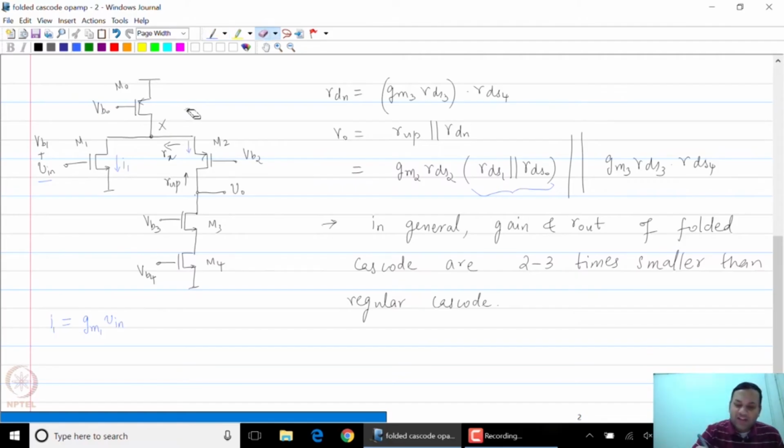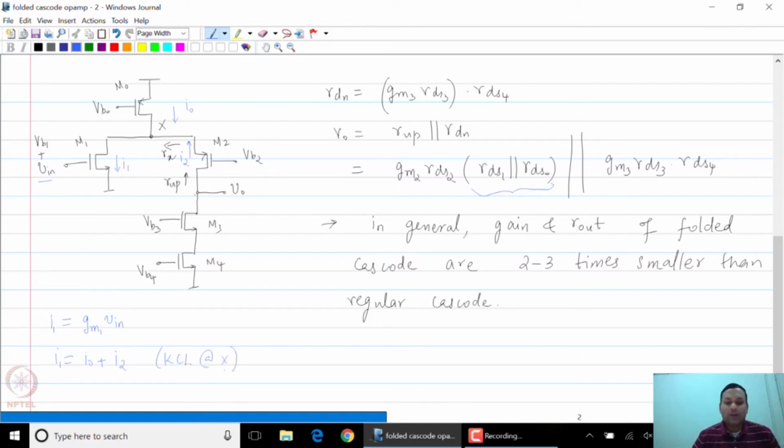And of course with the opposite direction, since I have already chosen the directions. So these will be the 2 directions of I1. So I1 should be equal to I0 plus I2. And this is purely from KCL at node X.